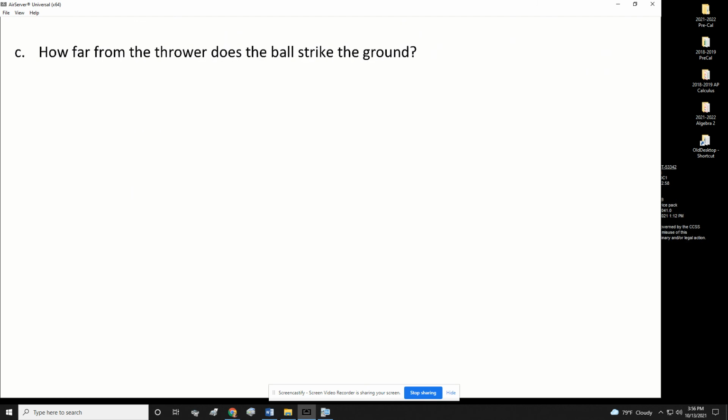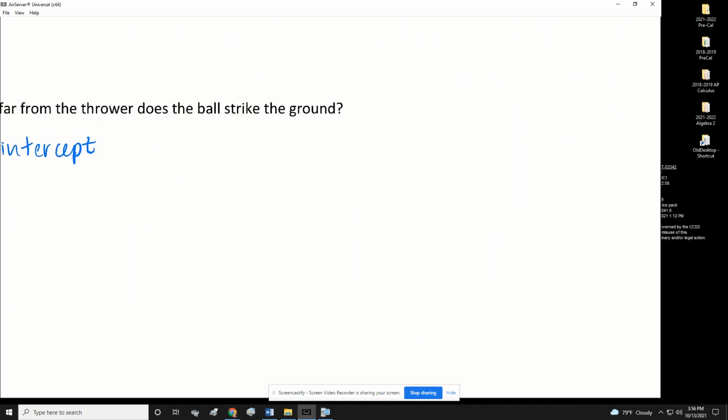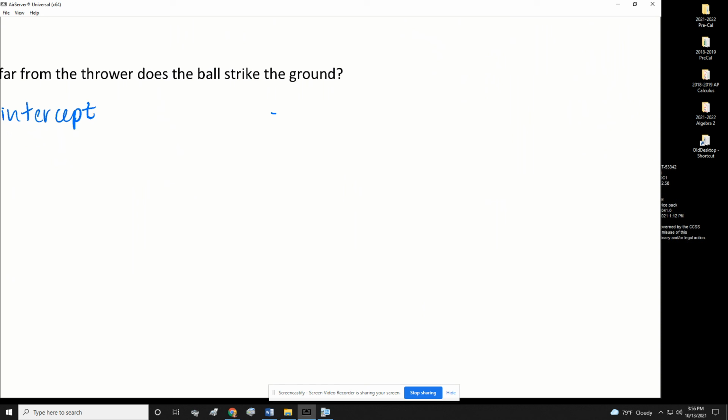All right, and then see, how far from the thrower does the ball strike the ground? So if we're looking for where something strikes the ground, we are looking for an x-intercept. So the x-intercepts are found when you take the function, and we'll go ahead and use the one that we put in vertex form and set it equal to 0 and solve it for x.